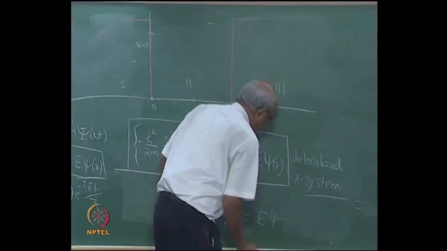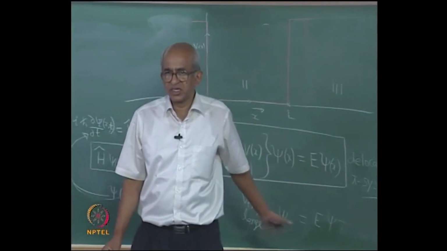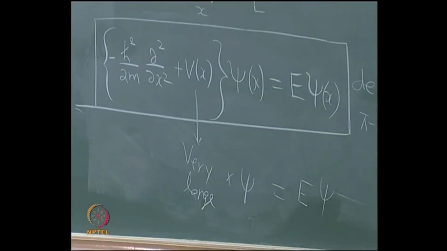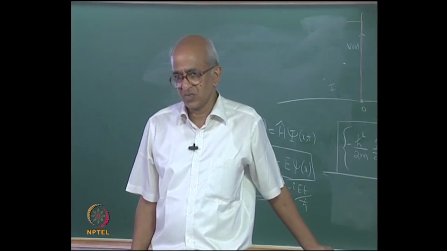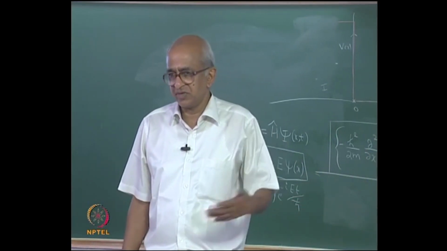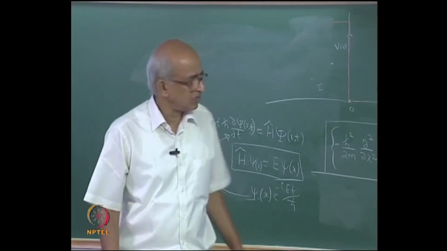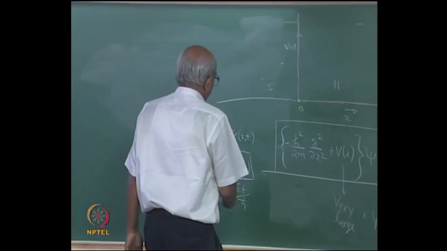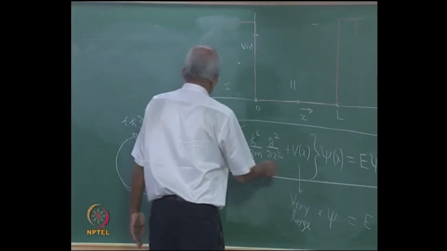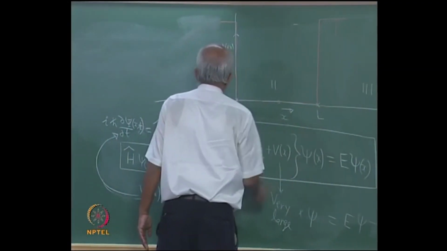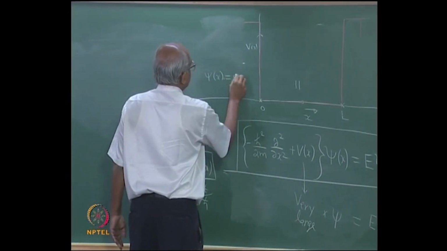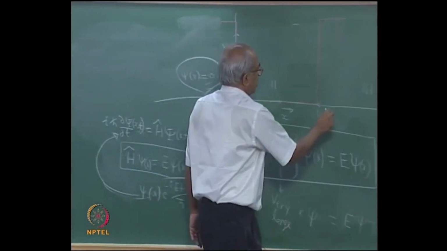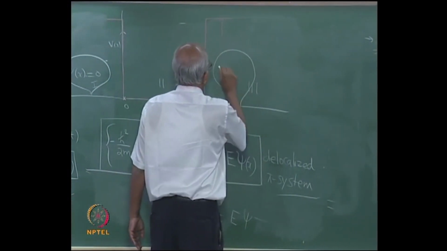So, a very large quantity into psi must be equal to a very small quantity into psi, and the only possibility is that psi must be 0. Therefore, the equation is automatically satisfied if psi is equal to 0. So, after having solved it in this region as well as in region 3, the solution is that psi of x is equal to 0 in region 1, as well as in region 3.